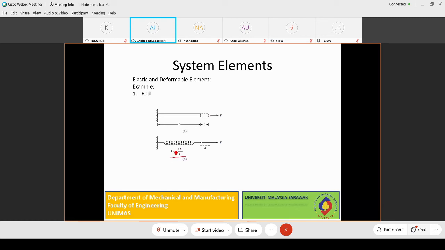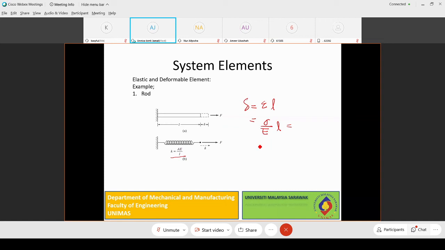K equals AE over L. The elongation delta here would be equal to epsilon L, equivalent to sigma over E multiplied by L. Here E is the Young modulus.